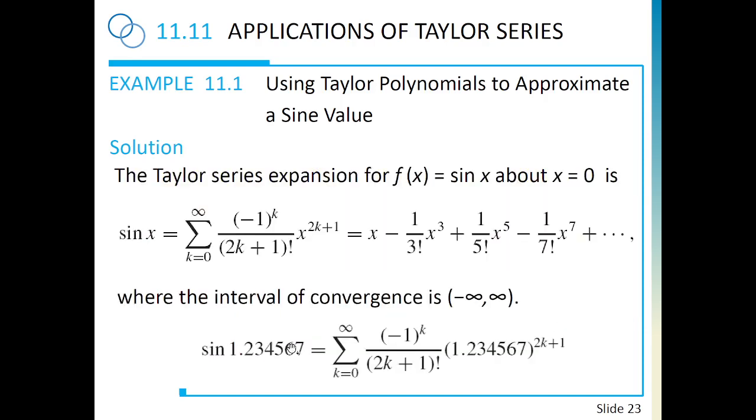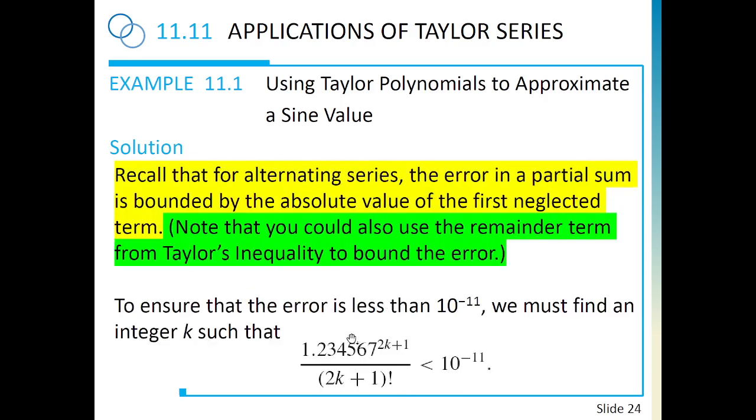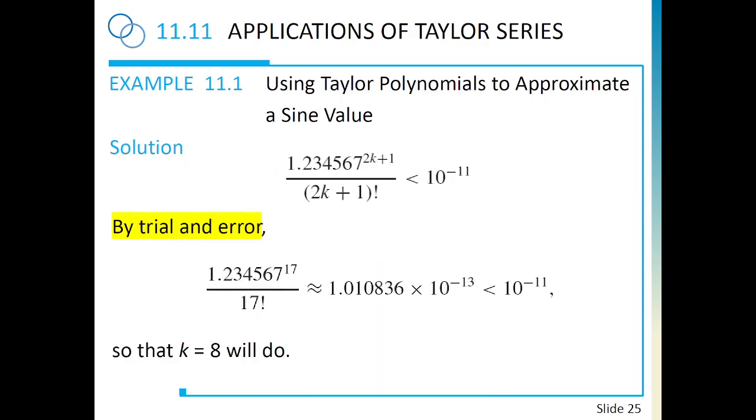So we have this expression here. This is a general expression of every term. If we use the estimate by the alternating series, which is much easier here, we need to have this expression smaller than 10 to the power minus 11. And in this case, we need to proceed by trial and error.